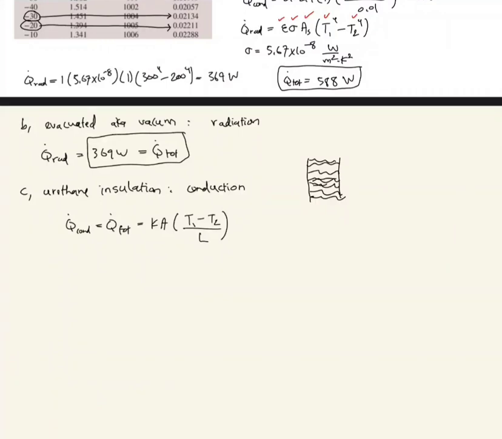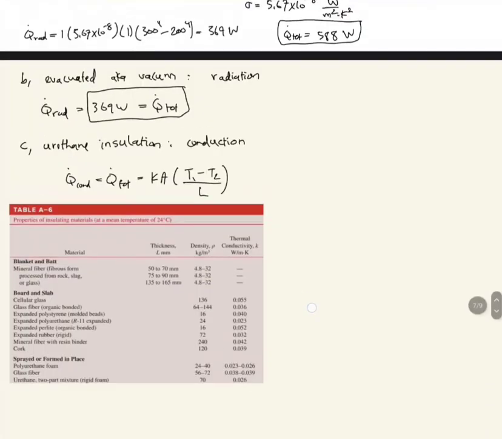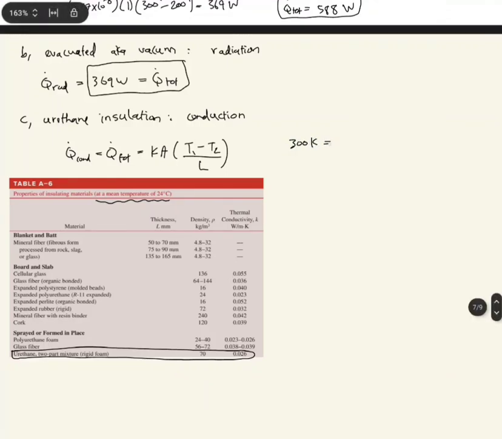Well, if you look at a table that I'm gonna paste, okay, so from this table we see that urethane right here, the value of K is 0.026, and this is at a mean temperature of 24 degrees Celsius, which is fair because we are at 300 Kelvin, which is equal to 27 degrees Celsius, right?